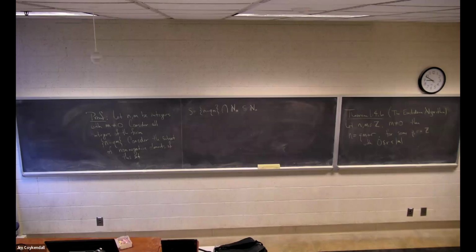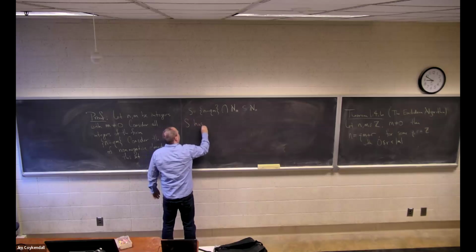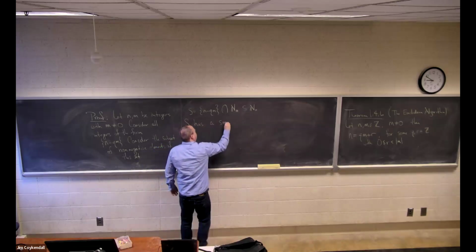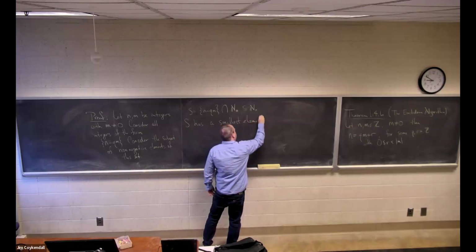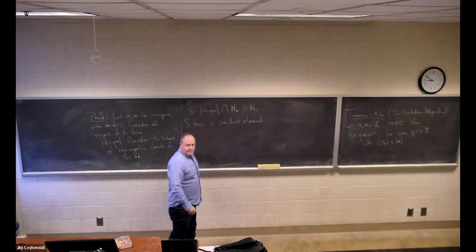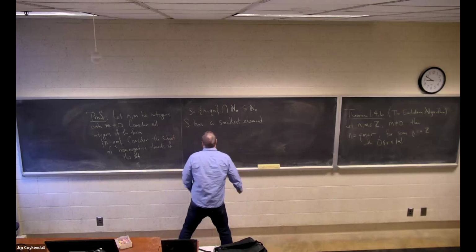What's true about any subset of the natural numbers, or even the natural numbers with 0? It's got a smallest element. S has the smallest element. We'll call it r.